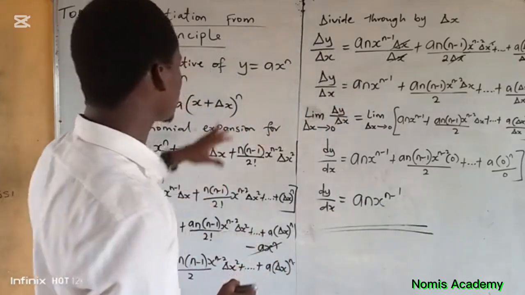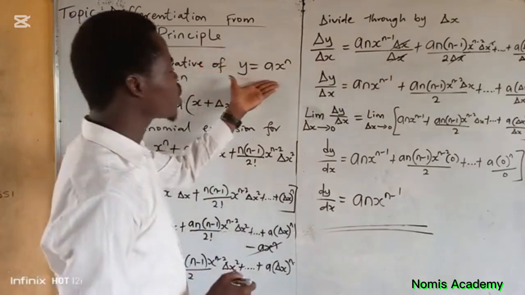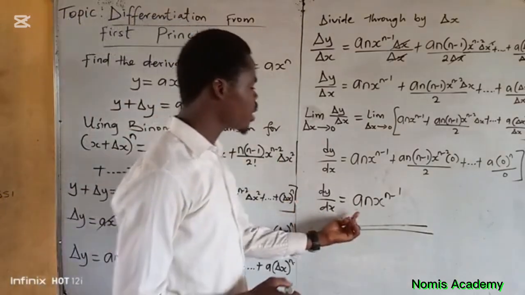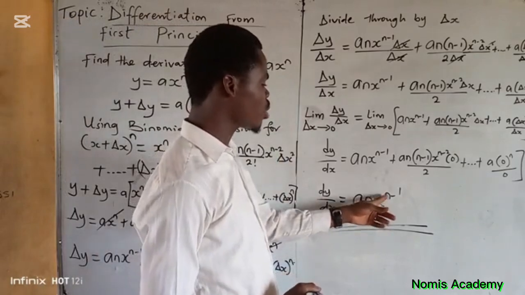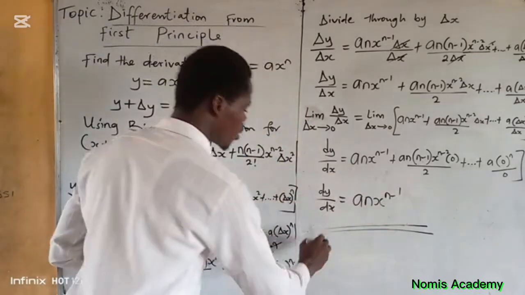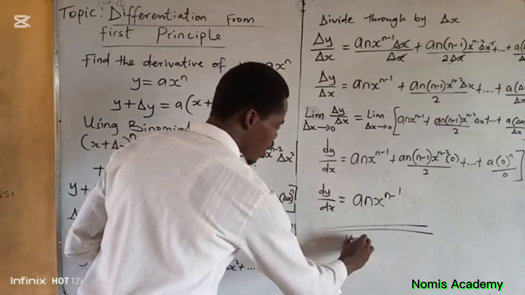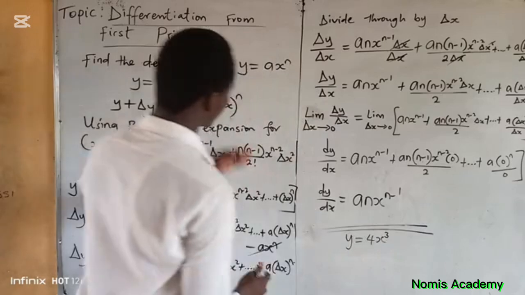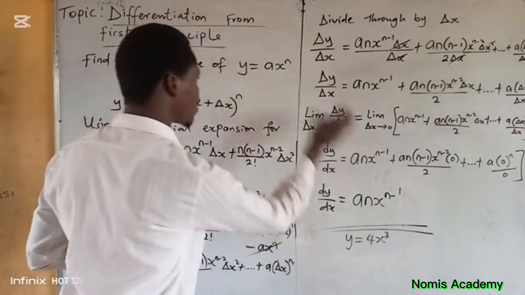So it means that whenever we have this type of function called a polynomial function, the derivative will always be a n x raised to the power of n minus 1. So when you have a function of this form, y equal to 4x raised to the power of 3, the function given is in this form.